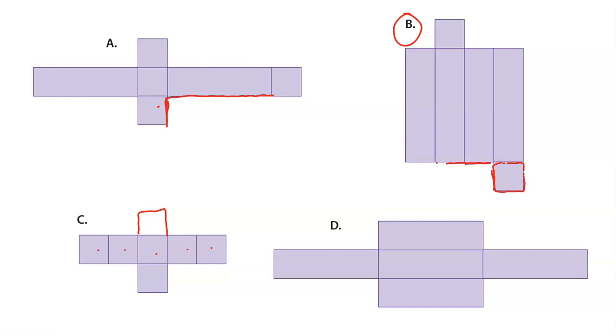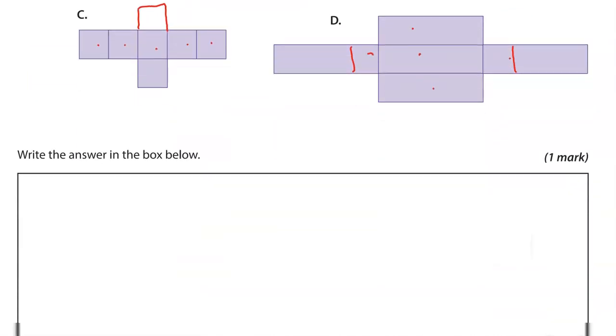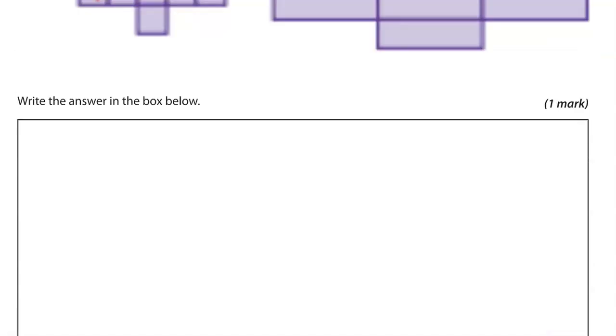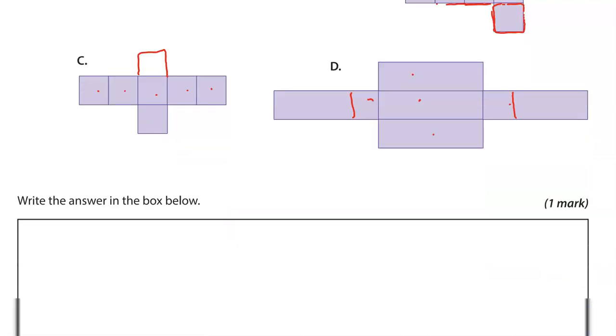It should be 4, not 5, but they're also squares. And looking at D, we've got only 1, 2, 3, 4, 5 faces, and also these are much longer than they should be. So only option B works.